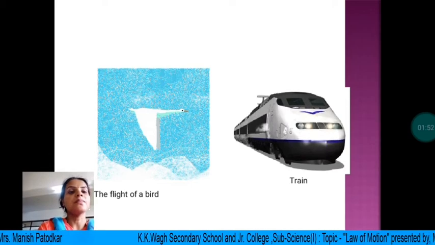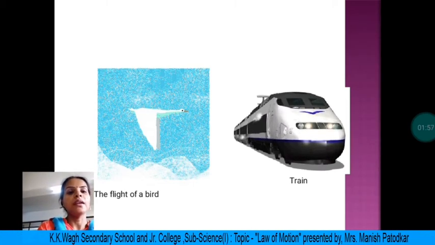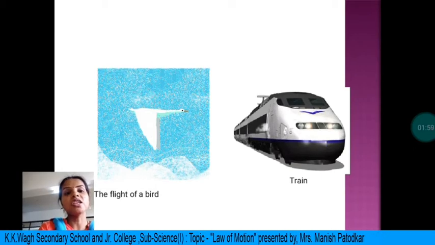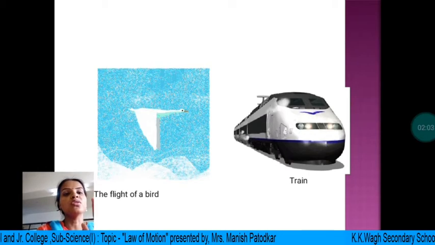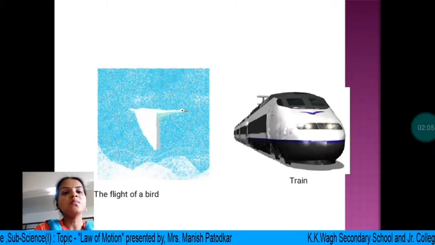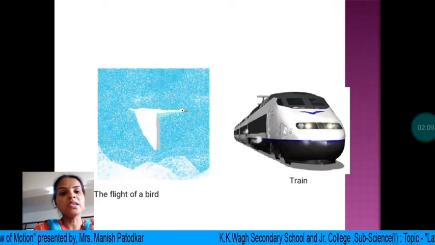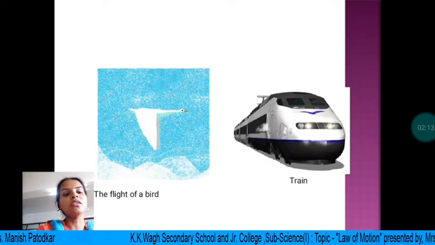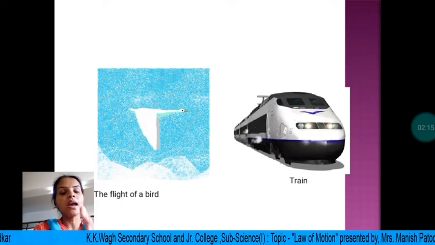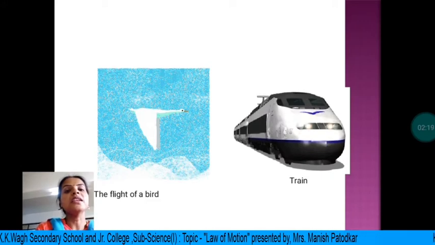From the four examples we can say that if the position of an object changes from one point to another point, at that time we say the object is in a state of motion. If the object does not change its position from one point to another point, at that time we say that object is at rest.